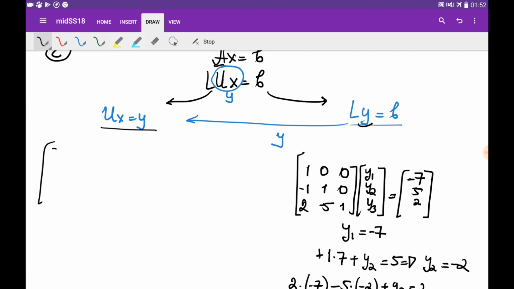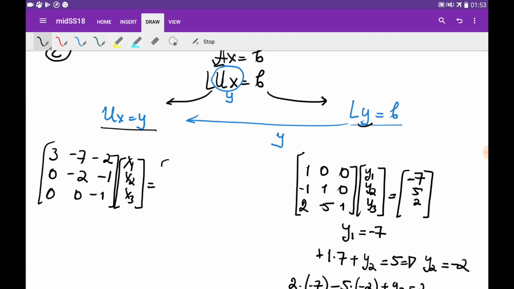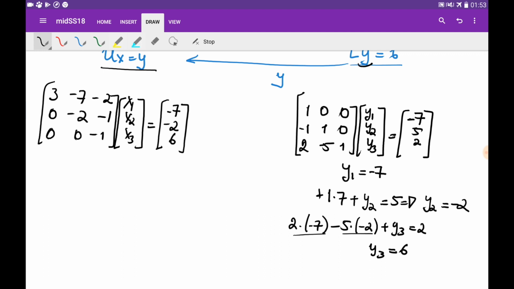The U matrix was [3, -7, -2; 0, -2, -1; 0, 0, -1]. If we multiply this by the vector (x1, x2, x3), it should be equal to the y vector, which is (-7, -2, 6). So we can solve the system by doing backward substitution.